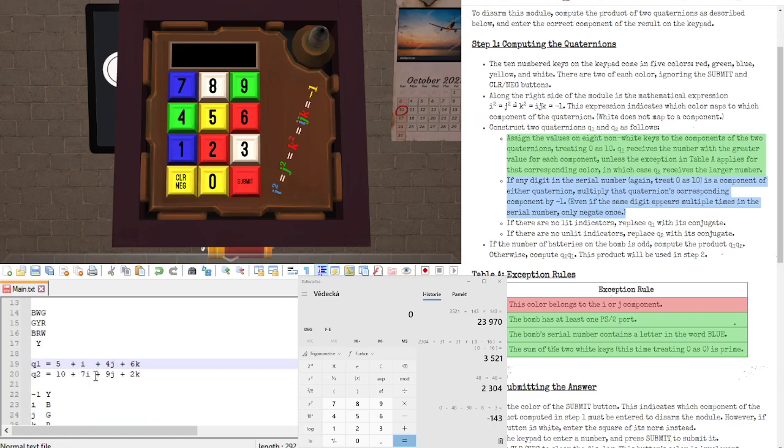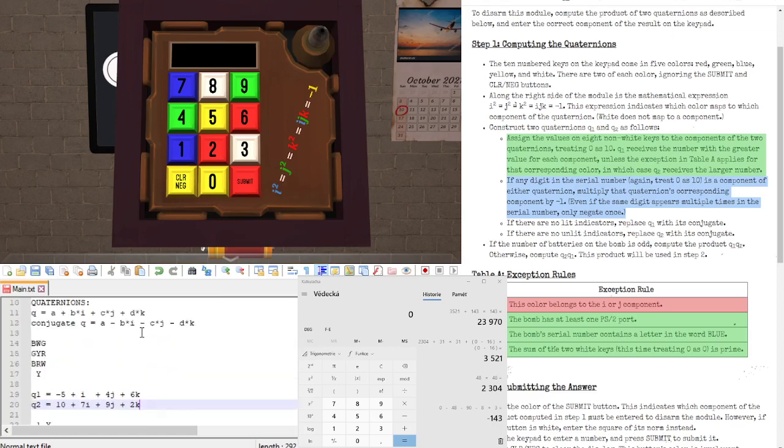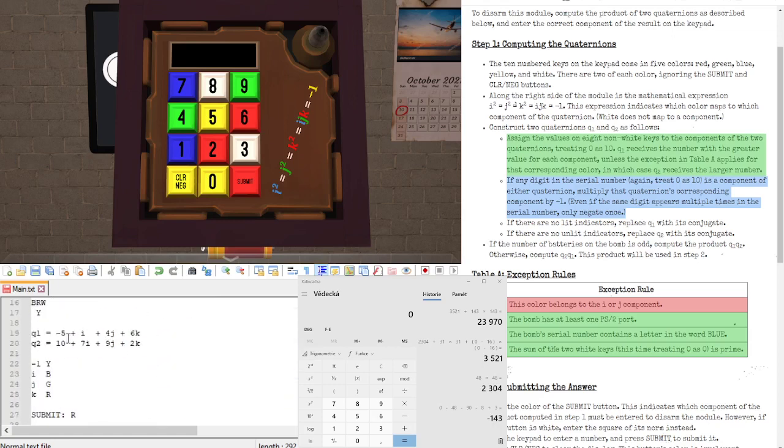For 3, we don't have it here because it's white, so we ignore that. And for 5, we have a 5 here, so we negate that. So it's minus 5. We don't have any more digits in the serial number, so we don't do anything else. If there was a 0 in the serial number, then we would change the coefficient of 10 to be minus 10, because that's what treating 0 as 10 means.